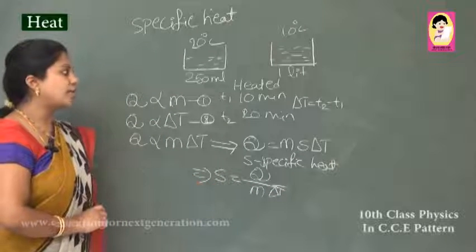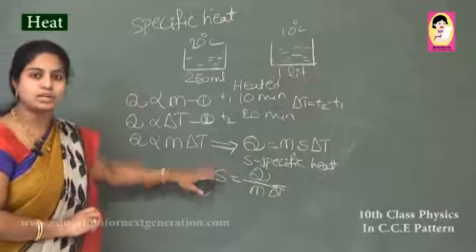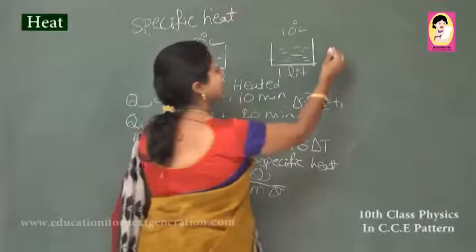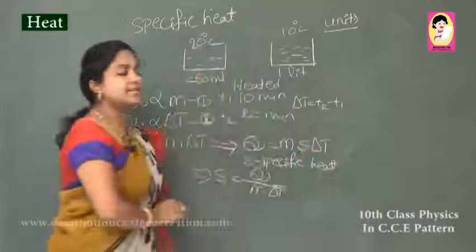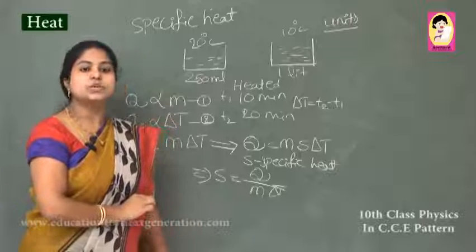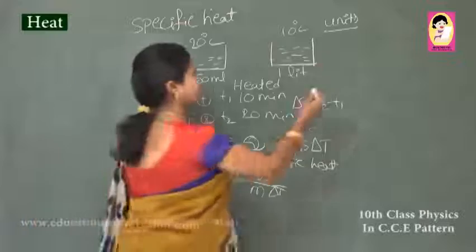Next, the units of specific heat. Units are the measuring ones, and there are two: SI units and CGS units.